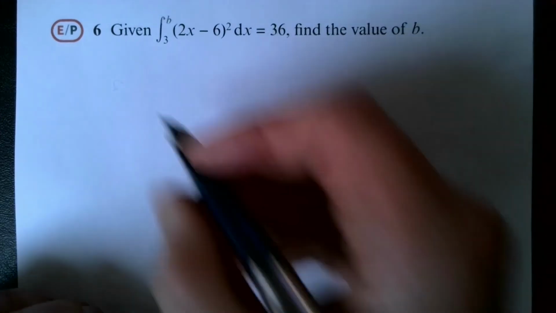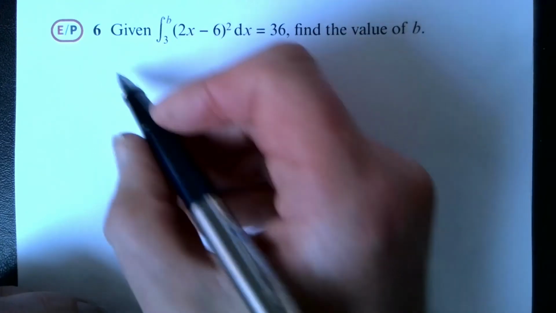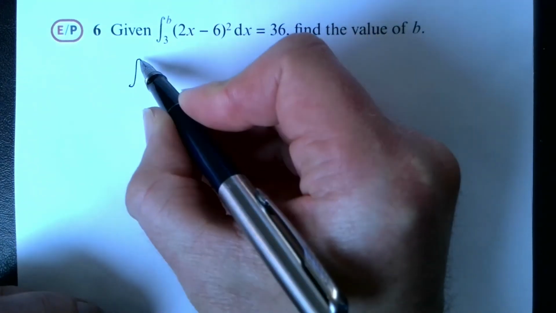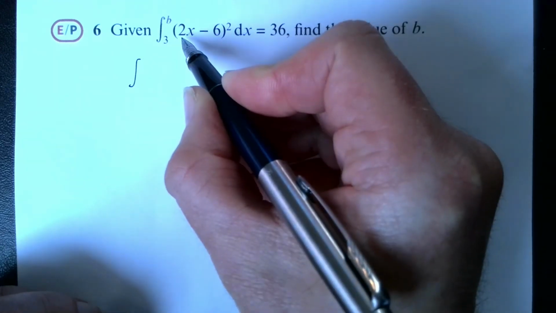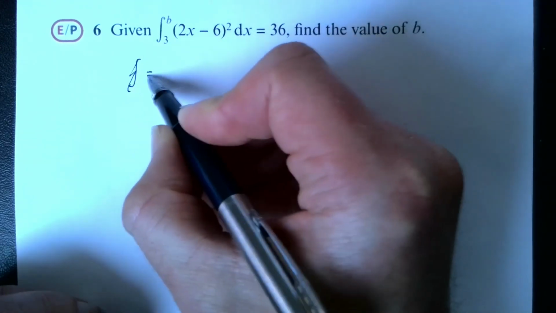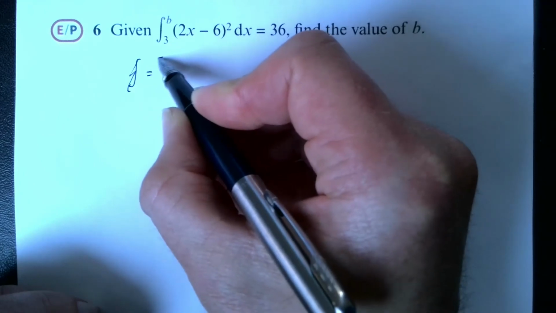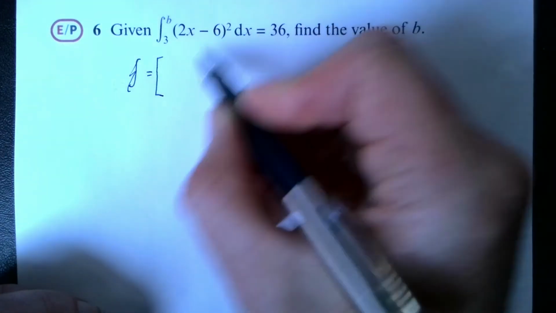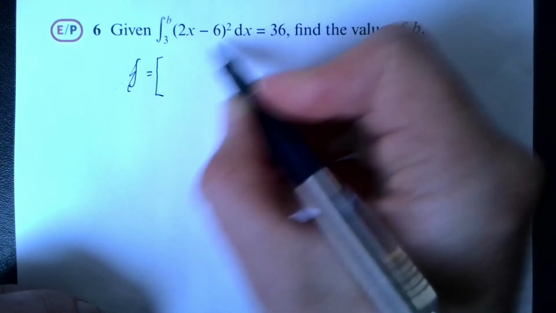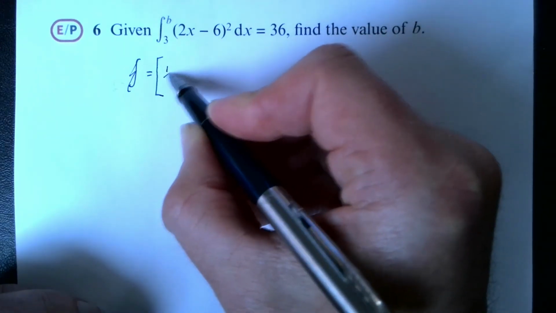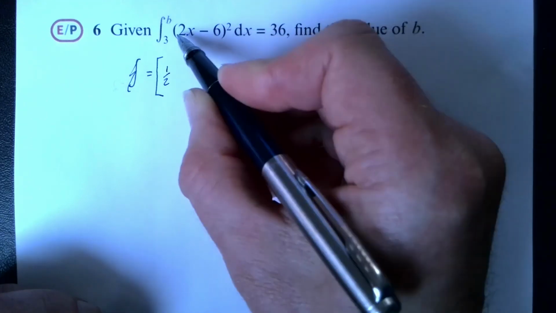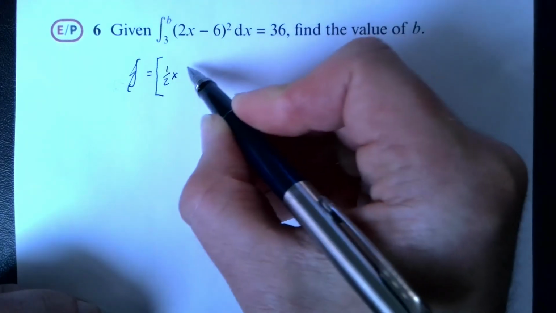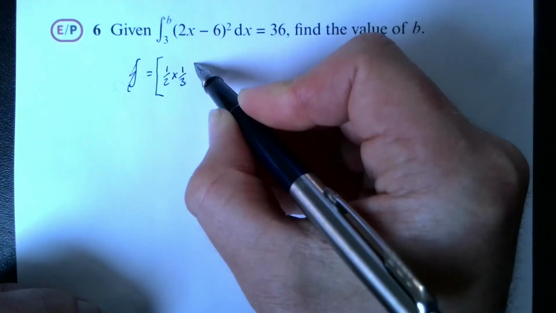So starting off, we can just go straight to equals, I think, and we'll have a big square bracket. We're going to have a half times a third, because this goes up to a 3, so that's going to make that a third.